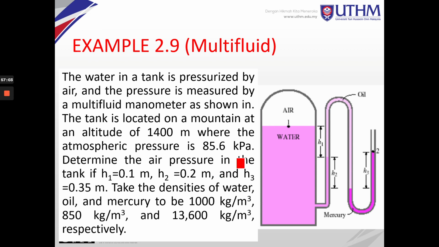Determine the air pressure in the tank if H1 is 0.1, H2 is 0.2 and H3 is 0.35 meter. Take the density of water to be 1000, oil 850, and mercury 13,600 kg per meter cube.